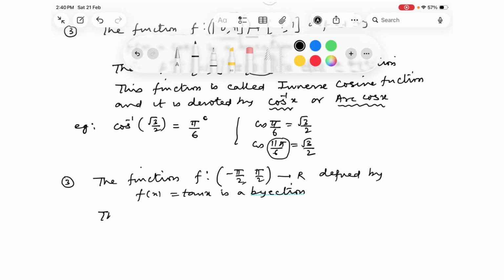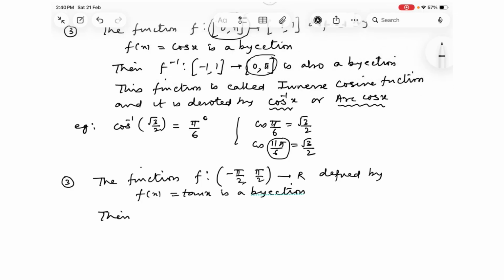Then f inverse from R to minus pi by 2 to pi by 2 is also a bijection.